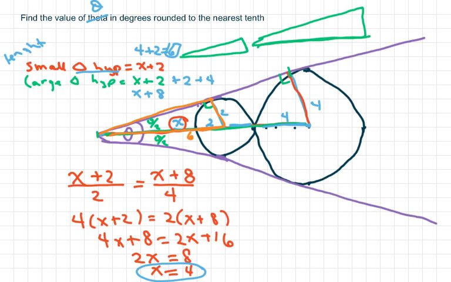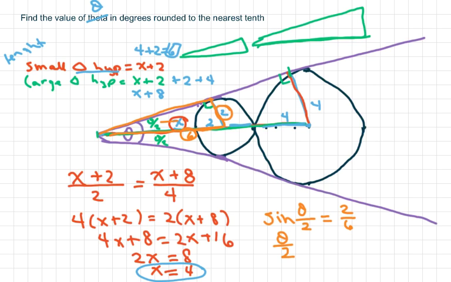Sine of theta over 2 equals 2. For my angle, it's opposite over hypotenuse, so that's going to be 2 over 6. So I'm going to take the inverse of both sides.